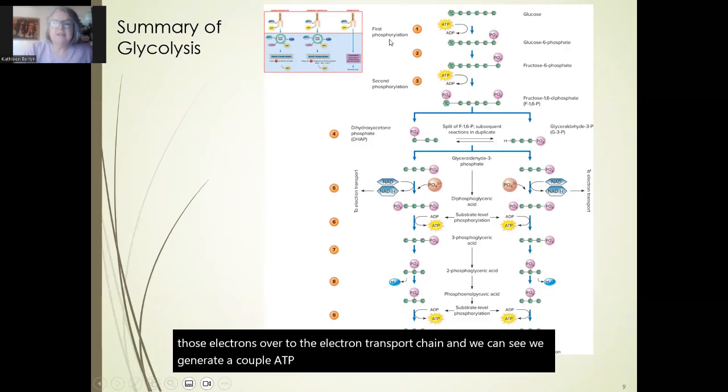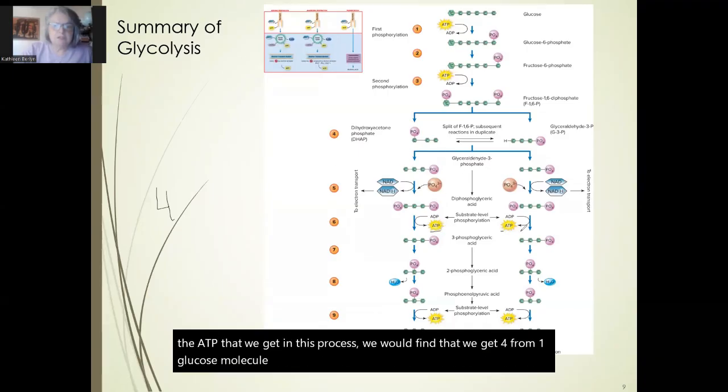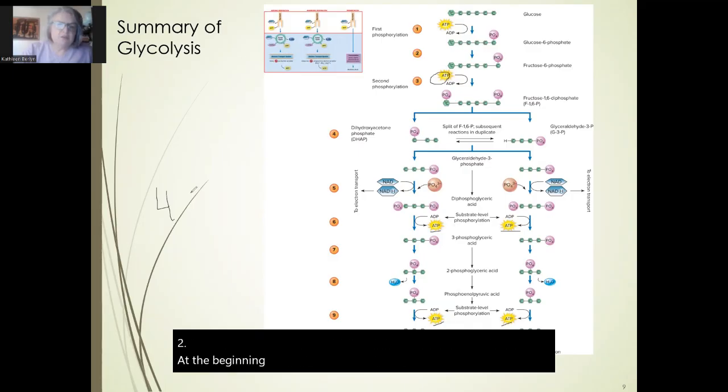If we were to add up all the ATPs that we get in this process, we would find that we get 4 from one glucose molecule. You see 1, 2, 3, 4. However, it cost us 2 at the beginning. So our net gain is 2 ATPs from glycolysis.